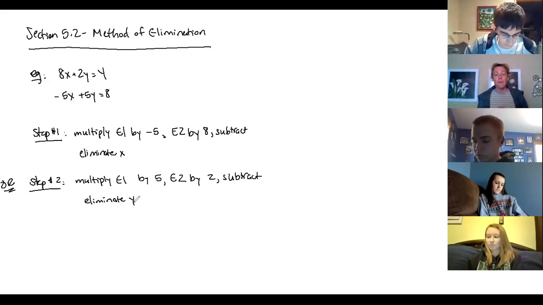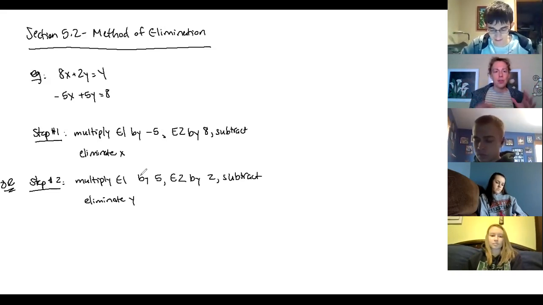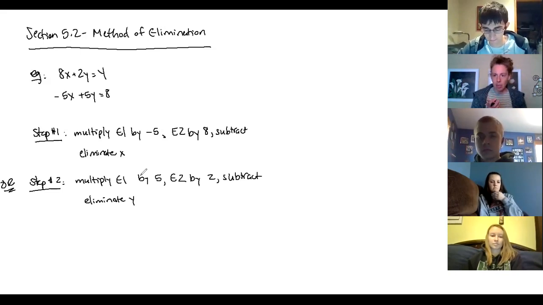This is high school algebra, maybe 8th grade. This is the method of elimination. We're trying to get rid of one of our variables. All good? Everybody good up to this point?